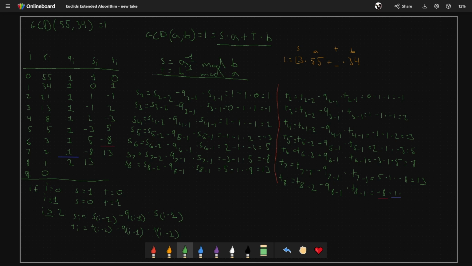Multiplied by t8 minus 1, that's t7. t7 we just calculated to be 13. So we'll write 13. 1 multiplied by 13 is 13. -8 minus 13 is equal to -21. And that's our t-value. So let's write that up here in the equation.